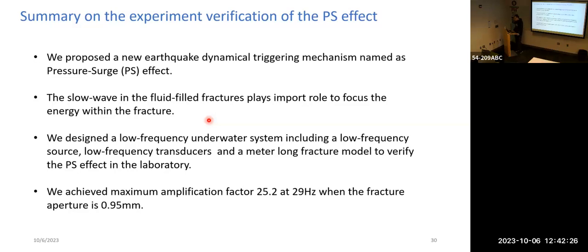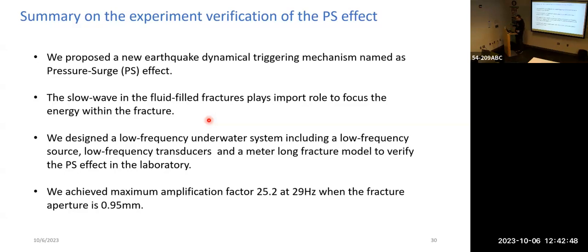Let me think about this. I'm not sure what would happen if we have a rough fracture, because a rough fracture will cause very strong attenuation. Now the fracture surface is very smooth.